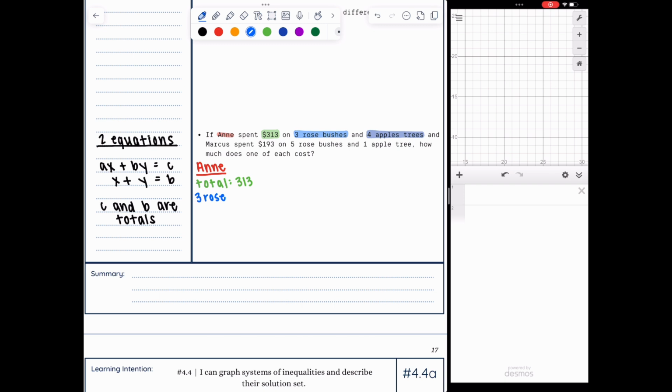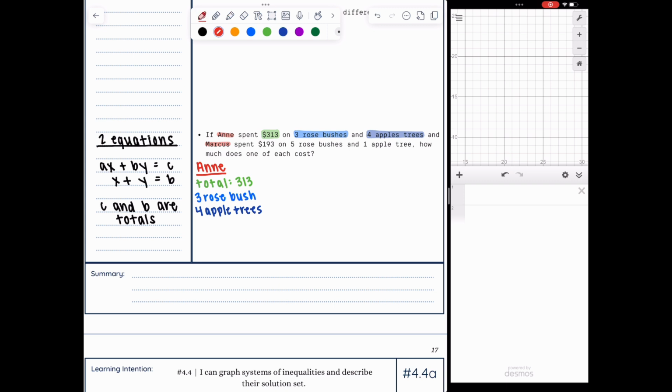She bought 3 of these rose bushes, and so I'm going to add that into my list of Anne. And she also bought 4 apple trees. Okay, so now I have an idea of what's going on in the word problem. So far we're talking about rose bushes, apple trees. I've got a number of each of those, and then I have the actual amount of money that was spent.